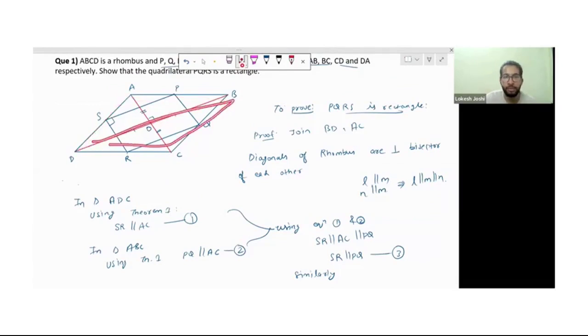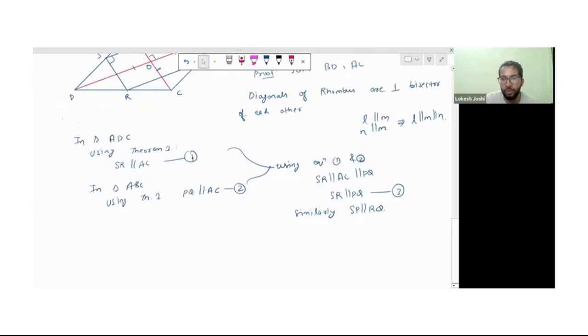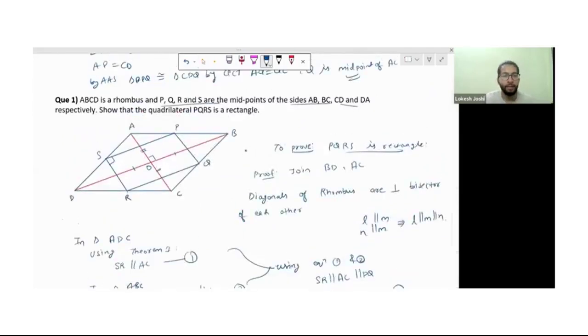So using this, I can directly write similarly SP is parallel to RQ. Okay, so if we use these two properties, in the quadrilateral PQRS both pairs of opposite sides are parallel. So I can write PQRS is a parallelogram. Okay, one part is done.